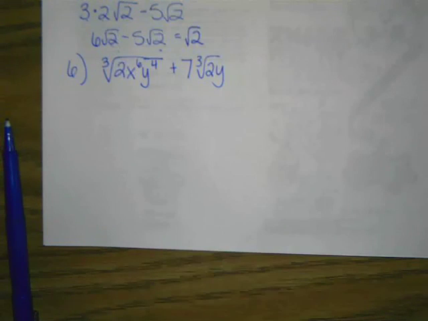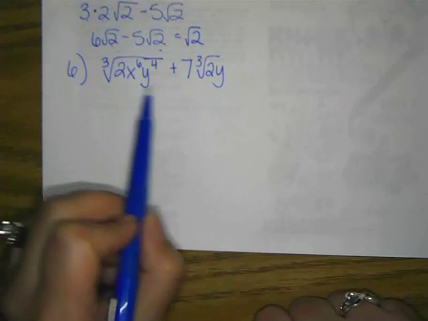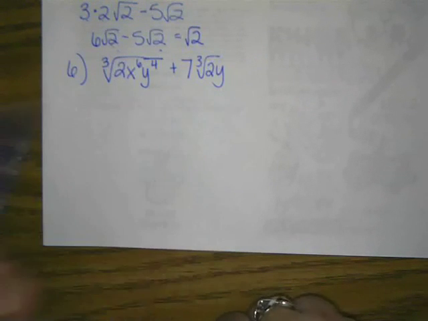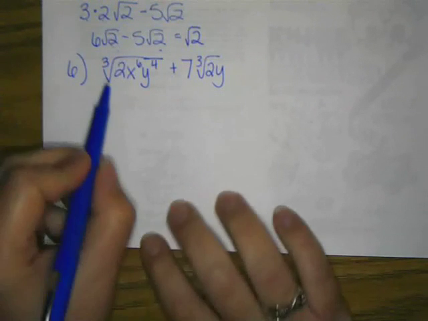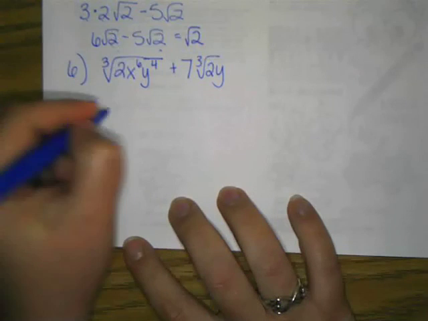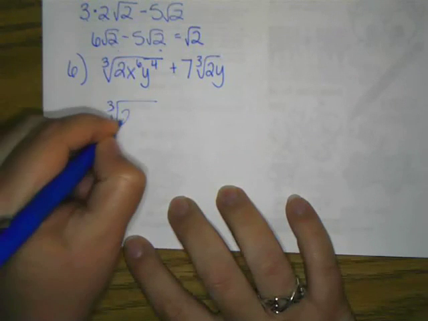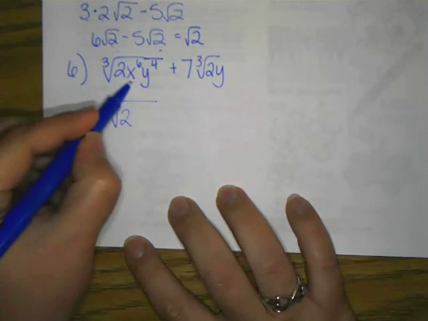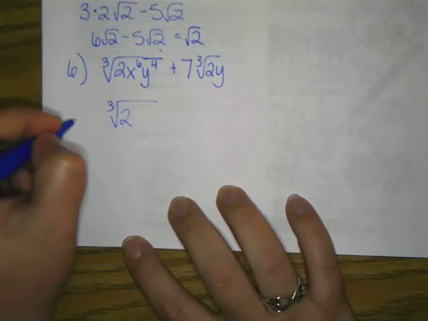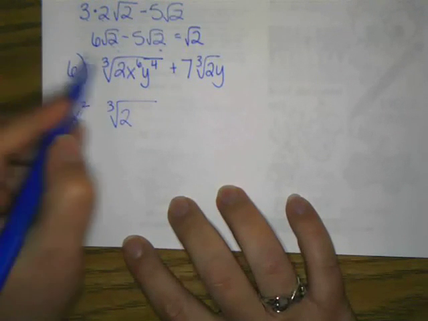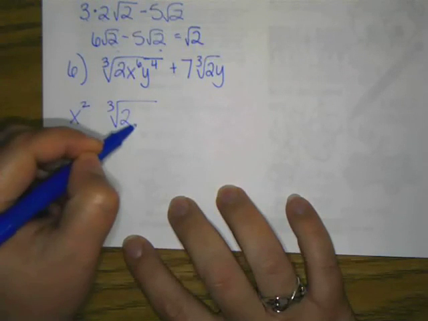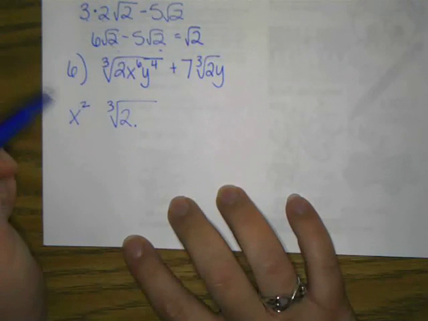So write that down. And now we need to look to see if we can factor anything out of here before we check for like radicals. So I need groups of 3. I know 2 does not have a group of 3, so 2 stays in. Does 6 have a group of 3? Yes. How many groups of 3 are in 6? 2 groups of 3. Or you can say 6 divided by 3 is 2, with no leftovers, so there's no lonely x's left inside the radical.